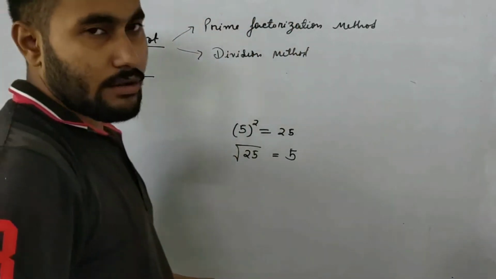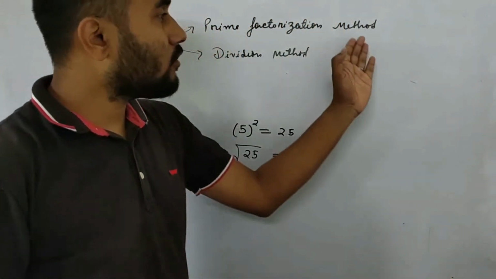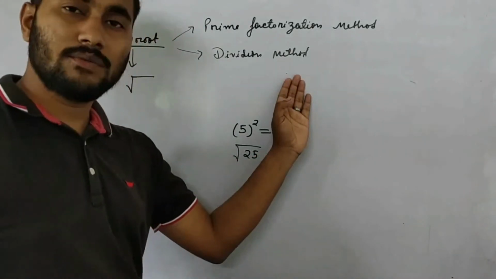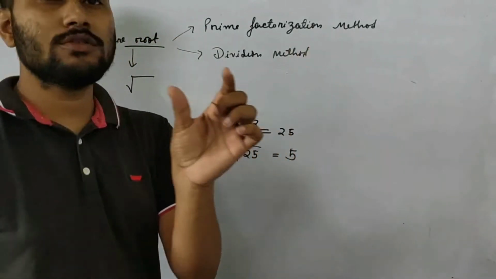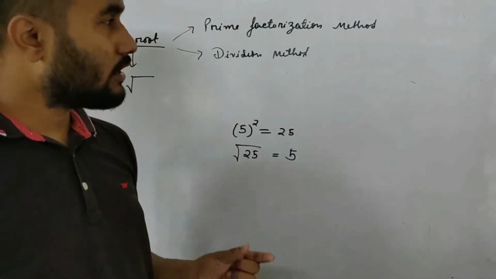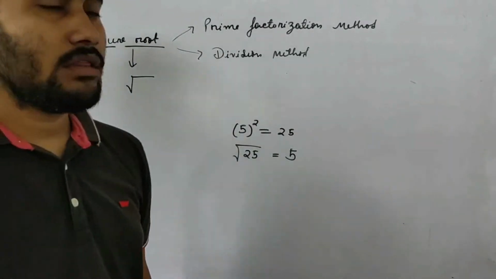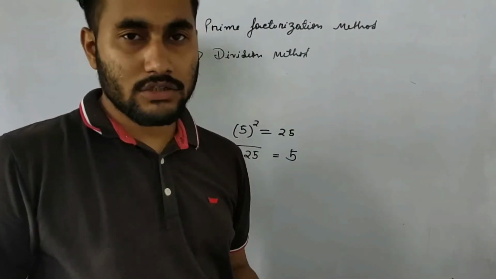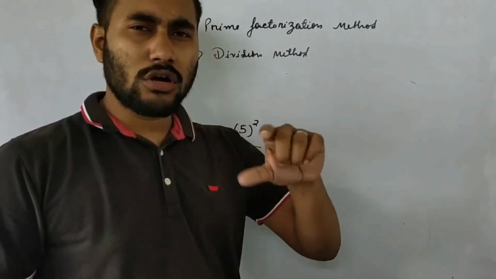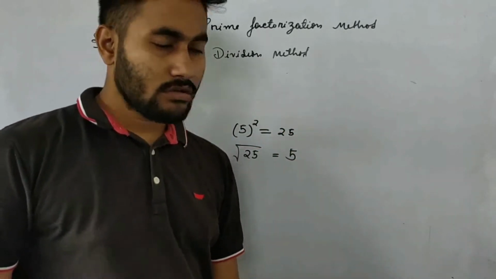Both methods are good, but both have some weak points. One method is good for smaller numbers, and the other is good for larger numbers. We are going to discuss these 2 methods to find the square root of any number. One more shortcut I will also teach you to find the square root of any number.